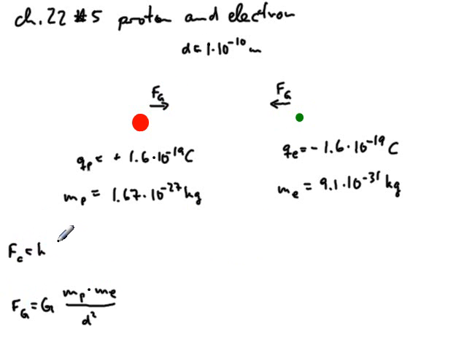equals K times Q1 times Q2 divided by D squared. There we go.